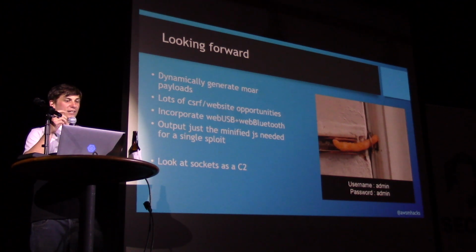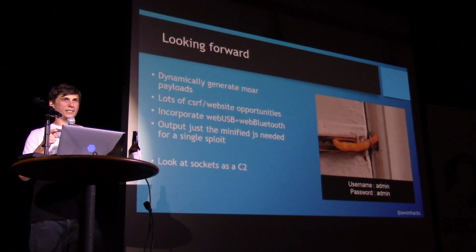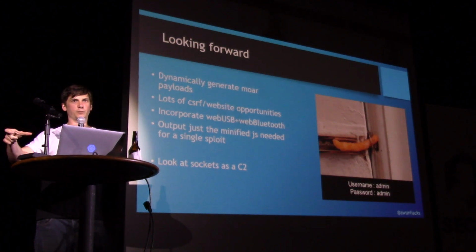Looking forward, I want to keep working on more payloads. There are lots of different CSRF website opportunities. If you've ever done any WordPress hacking, you know that as an admin you can write pages that have PHP stored in them and give yourself a backdoor.